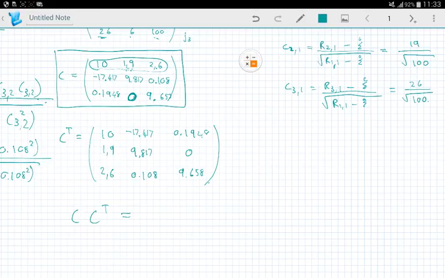Let's go, hold on. 10, 1.9, 2.6, negative 17.417, 9.817, 0.108, 0.1948, 0, 9.655.